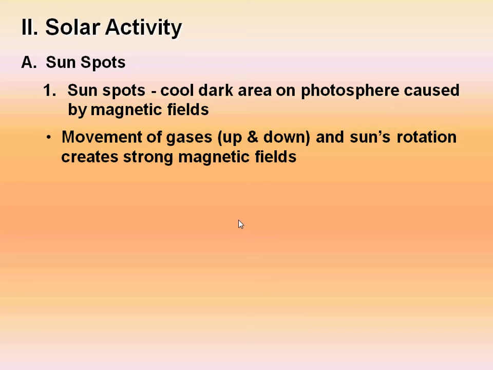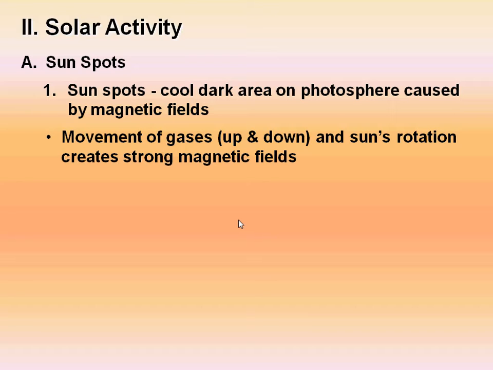When I talk about cooler, that's a relative term, right? So cooler is when the sun is 6,000 degrees Celsius. Cooler is 4,500 degrees Celsius, 3,000 degrees Celsius, right? So it's slightly cooler in the sense that it is colder, but it's still hot.